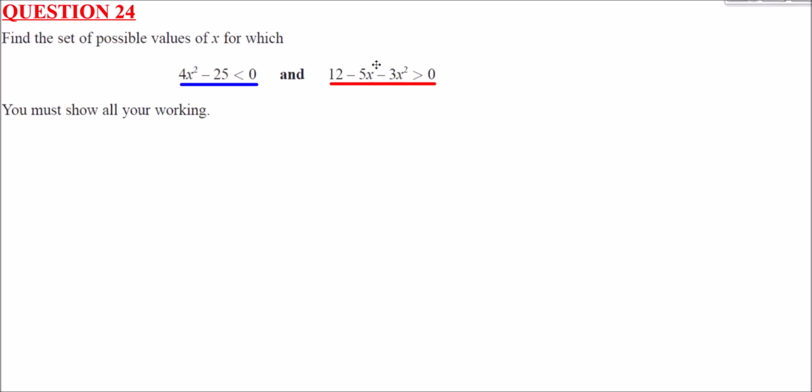So what we can do here, we can get rid of this 12 on the left by subtracting 12, the minus 5x, we can add that 5x, and likewise this minus 3x squared, we can plus 3x squared. So if I do these bits to the left-hand side, I need to do the same to the right-hand side. So the right-hand side of this will become positive 3x squared plus 5x minus 12.